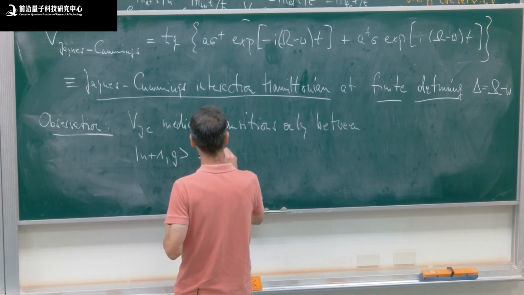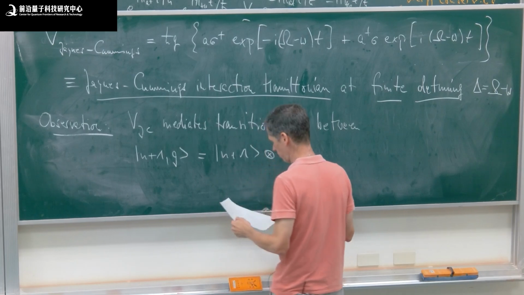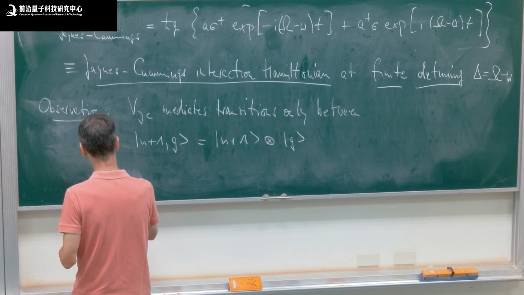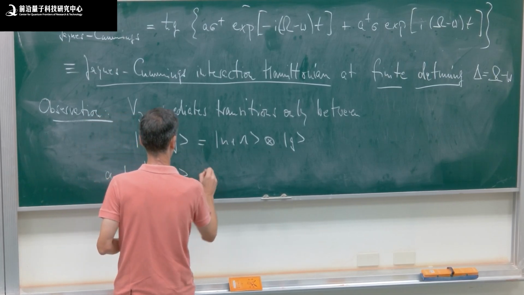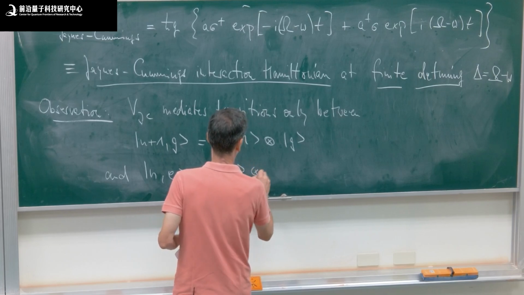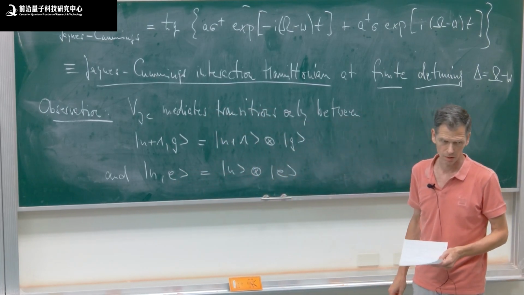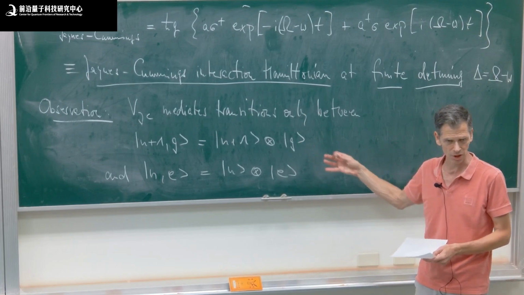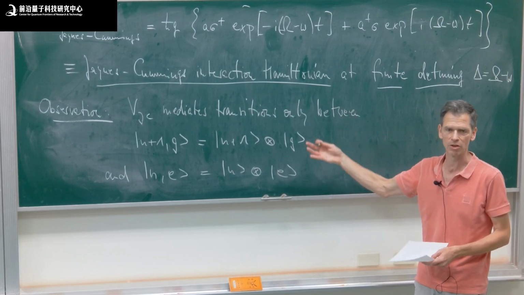Yeah, so this is just for the notation, right? And so it mediates transitions only between this and n, e. Okay, and that's the consequence of having dropped the counter-rotating terms, the rapidly oscillating terms.